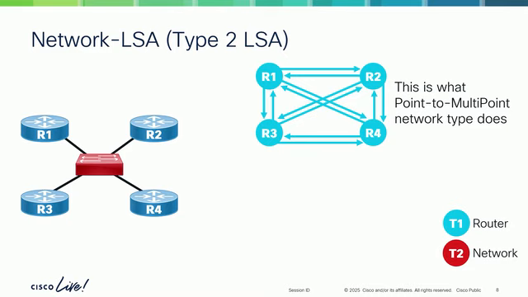Well, what if I could create a mental model of the network as it truly is? And what is the true model of the network? 4 routers with a common segment between them. So let's try to do that. I will need those 4 router LSAs because they are about routers.